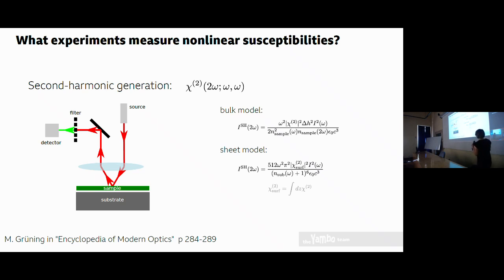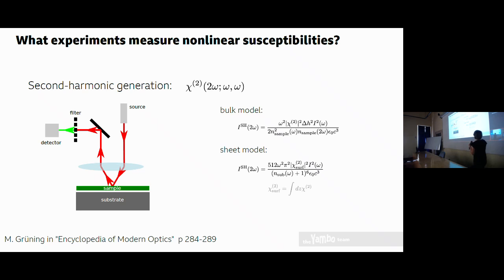That resulted in a huge value of the second harmonic generation, which was not the actual value, but was due to using this bulk model rather than the other model, which is more appropriate for a small thin sample on a substrate.